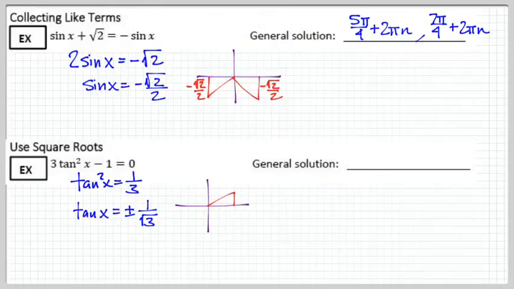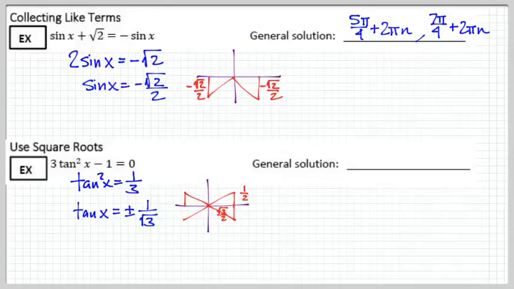But we also have this case over on this side as well. So if we have one case over here, for the tangent we have this same case. So both of these angles here would return a tangent of the positive 1 over root 3. And then these two angles here would return a negative 1 over root 3.